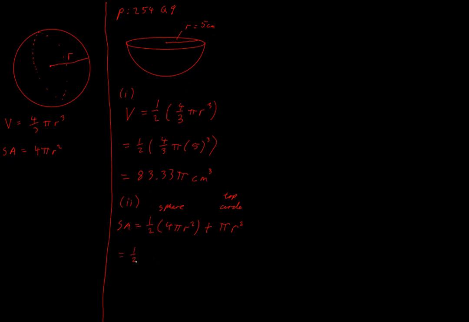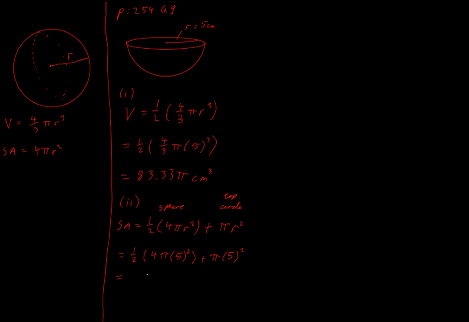So we have a half multiplied by 4. And again, in this question, they ask us to leave pi in our final answer. So we're not going to sub in, we're not going to put pi into our calculators. 5 squared. Anything we sub in goes in brackets. So you can see I've put 5 in brackets where there was a radius. And I'm going to do that here as well. It's the same radius. Always in brackets.